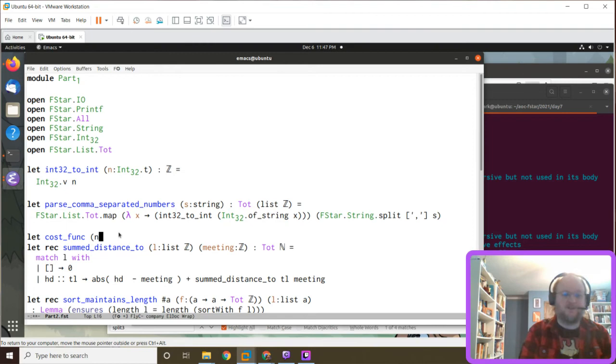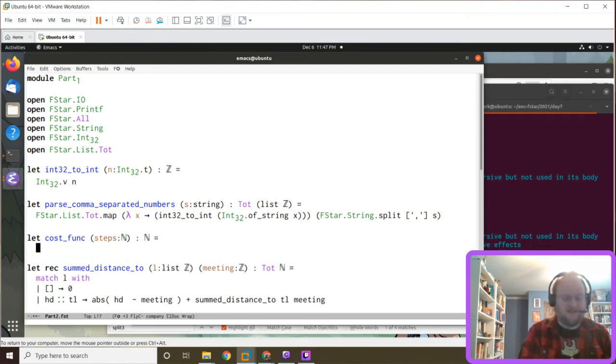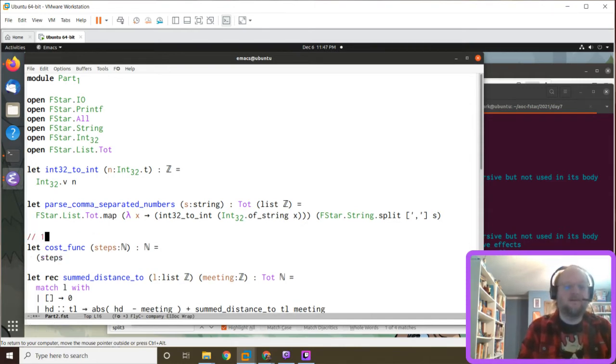So the cost function of taking that many steps is just n plus 1 times n divided by 2.